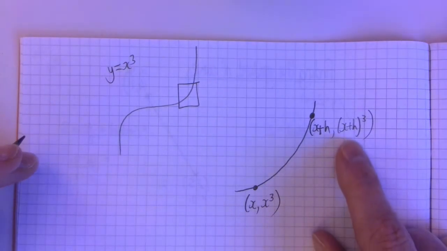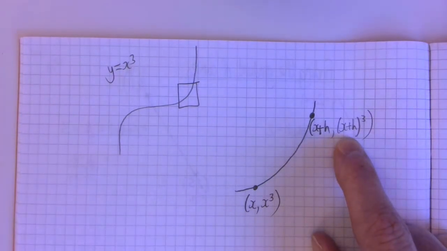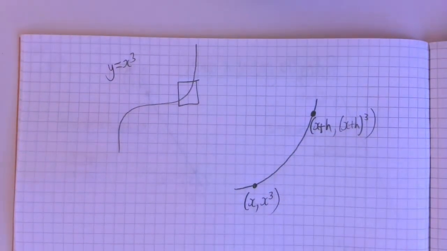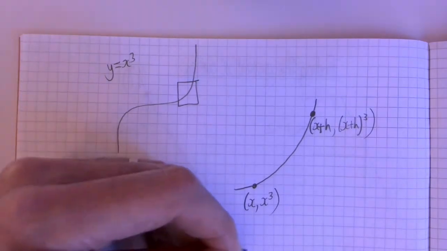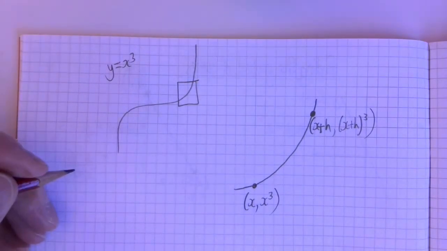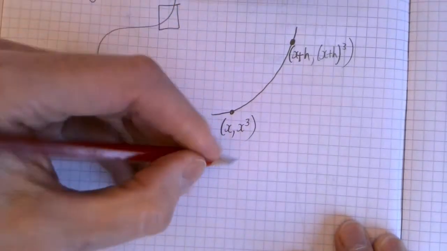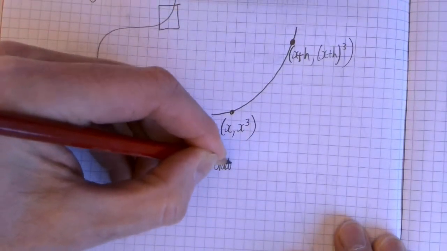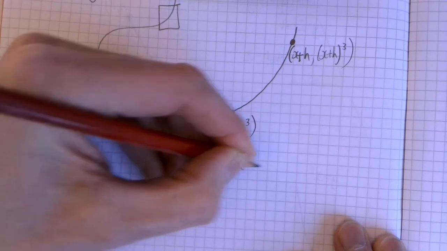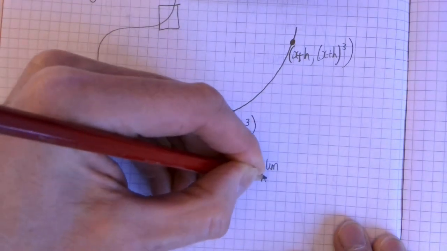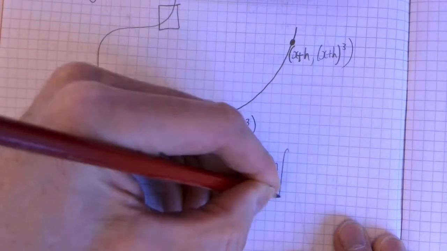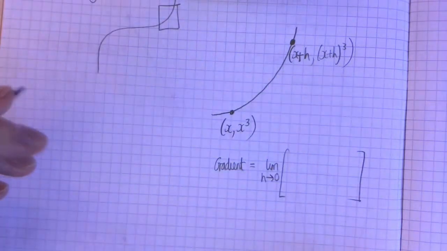Now I've already done x plus h squared, I did that previously, didn't I? So actually working out x plus h cubed isn't too hard because I've just got to take x plus h squared and multiply it by another x plus h, or you might want a binomial. But anyway, my interest is, can we get the whole formula for the gradient sorted? So here's what I'm after. I want to know what's the limit as h tends to 0 of the formula you get for the gradient.